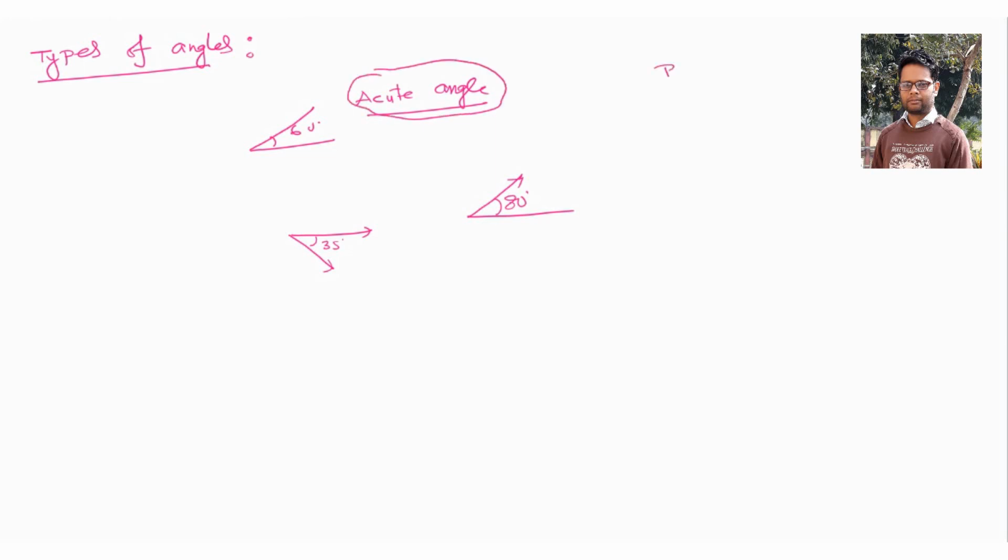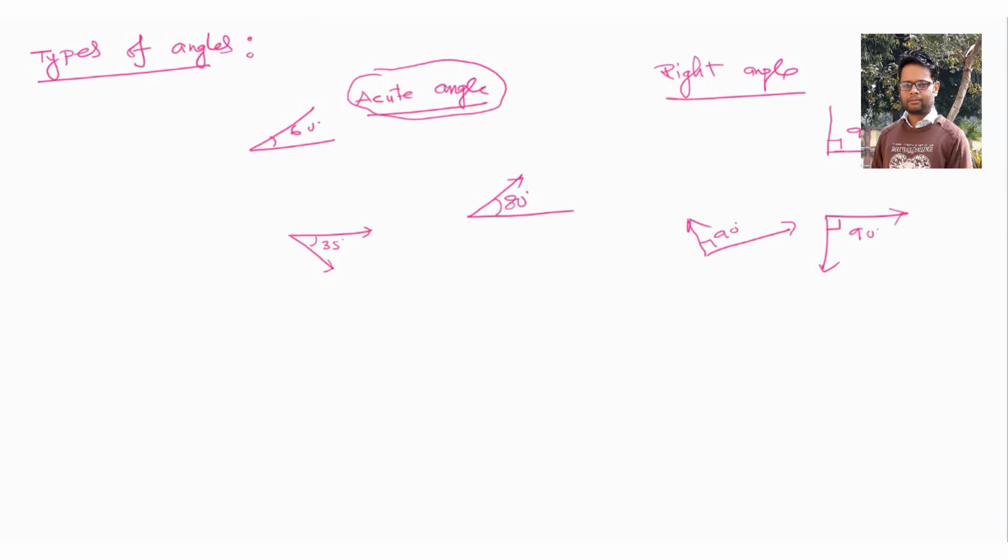And right angle means they will make 90 degrees. It may be like this, it may be like this, but the angle would be 90 degrees. So this is a right angle.